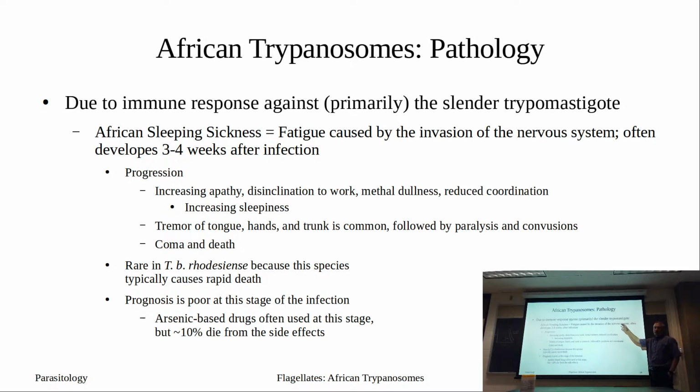So this helps prolong the time during which the individual is transmitting. After this, you can start getting the more classic nervous system pathology: tremors in the tongue, hands, and trunk, so basically shaking and loss of control of muscles, followed by paralysis and convulsions. Then coma and death are usually the last phases of this, and this could take 2, 3, 4 months.